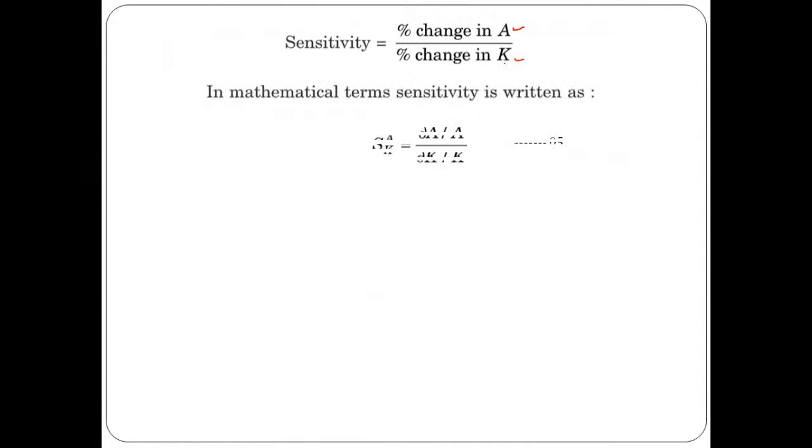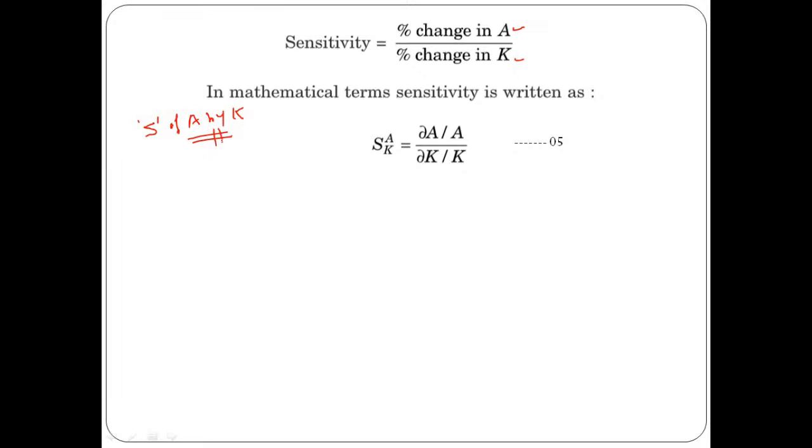Then the sensitivity of the system is given by percentage change in a divided by percentage change in k. And mathematically, we can write this particular term as del a by del k, or sometimes this is nothing but S of a by k. S indicates sensitivity, S of a by k.